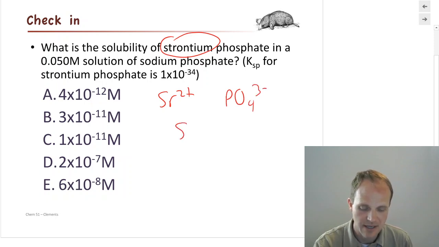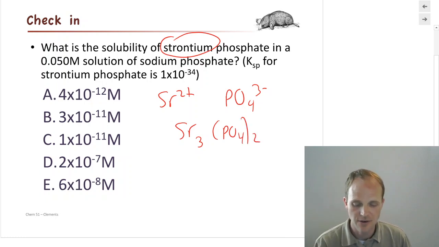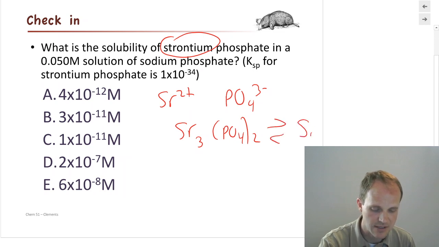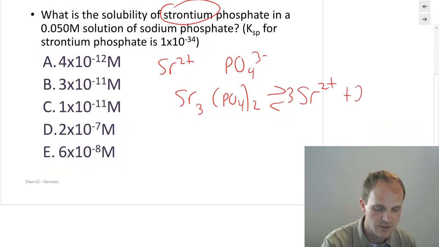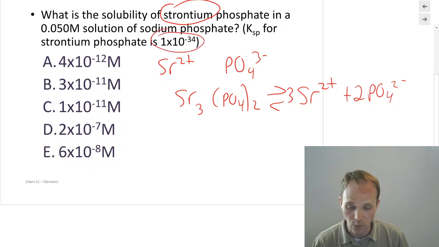How do we have to combine that? Sr3(PO4)2. So strontium phosphate has this somewhat complicated formula. We know it's going to dissociate into strontium 2 plus, but 3 of them, and into 2 phosphates. We can look up the Ksp value for that as 1 times 10 to the minus 34th.